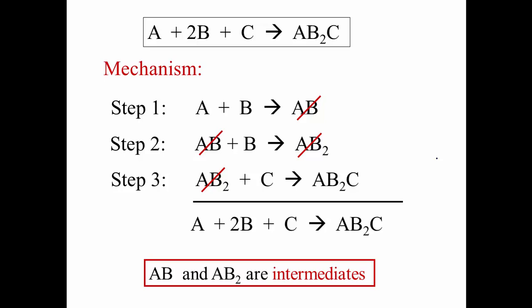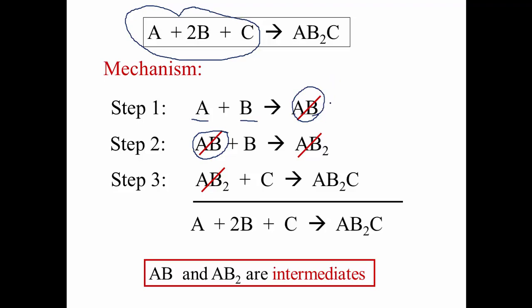So if we look at this proposed mechanism, here is our balanced equation, and it was studied, and it was assumed after studying that species A collided with B to make this intermediate AB. Intermediates are substances that are formed in one step and then used up in the second step.